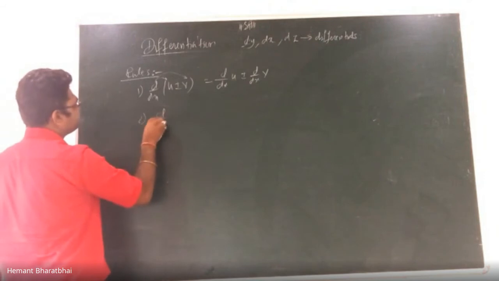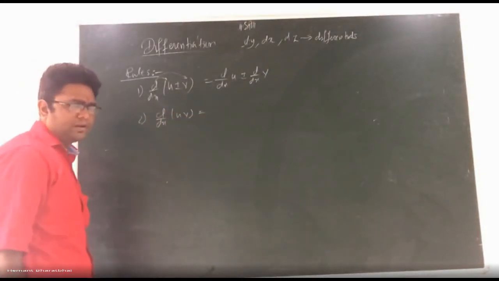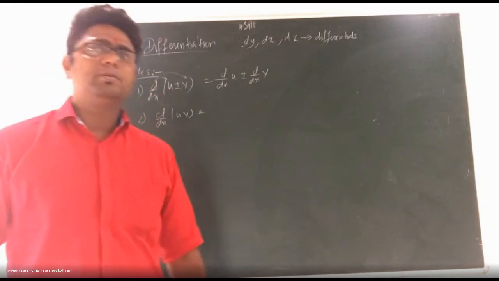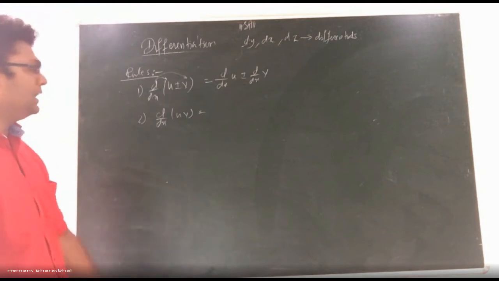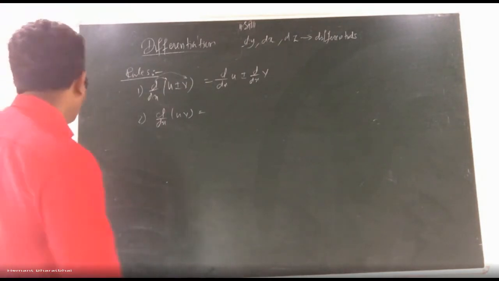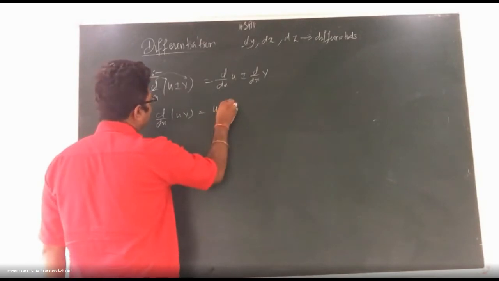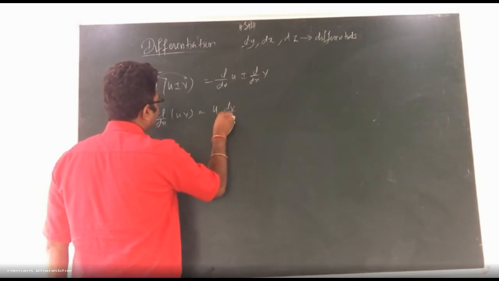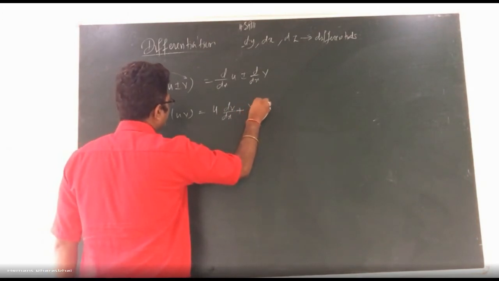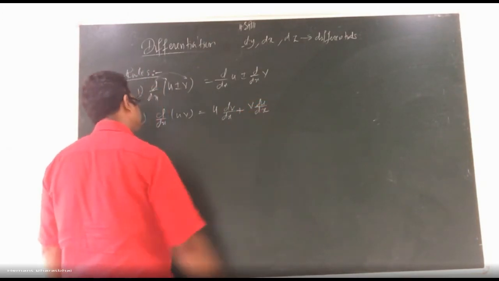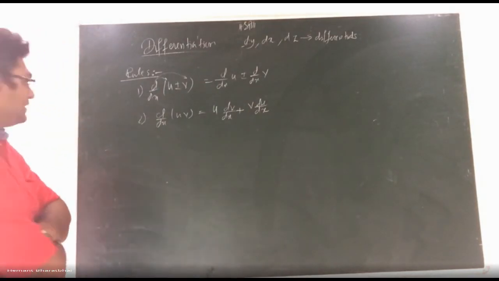Second, if the two functions are in multiplication, both u and v being functions of x, then keep one function constant and take the derivative of the other, then keep the second one constant and take the derivative of the first. So u dv by dx plus v du by dx.